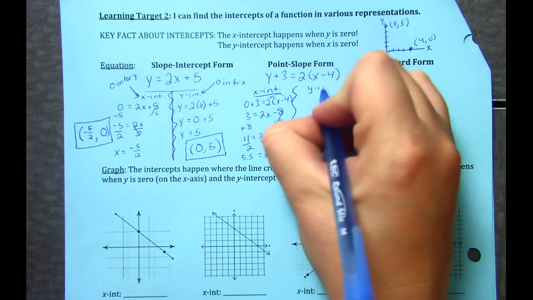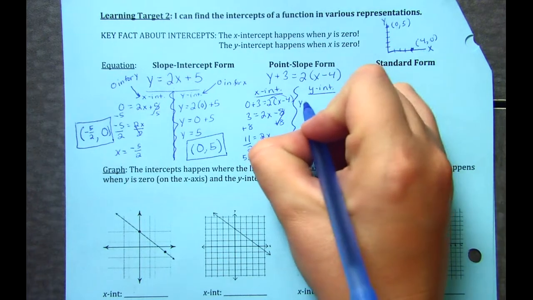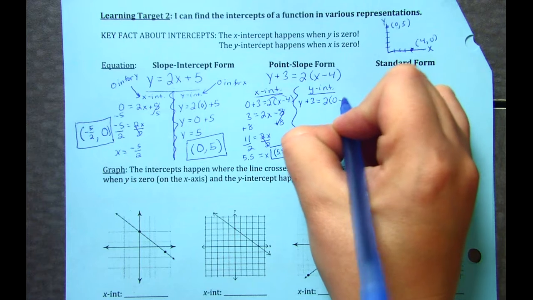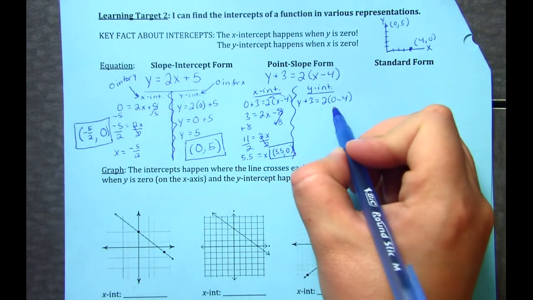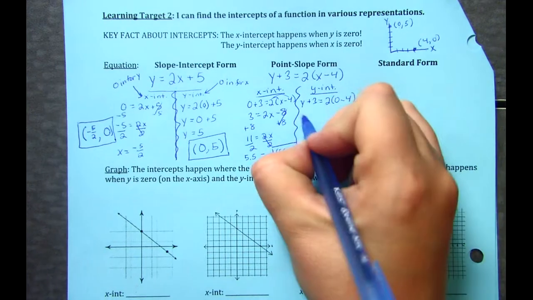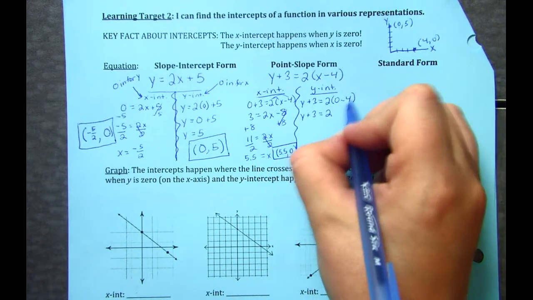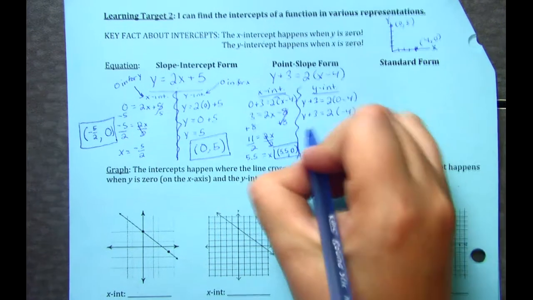For the y-intercept, I'm going to go the other way, and I'm going to put 0 in for x. So I have y plus 3 equals 2 times 0 minus 4. So I just rewrote the function, but with a 0 in for x. Now I have y plus 3 equals 2, and then if I simplify what's in parentheses, 0 minus 4 is just negative 4.